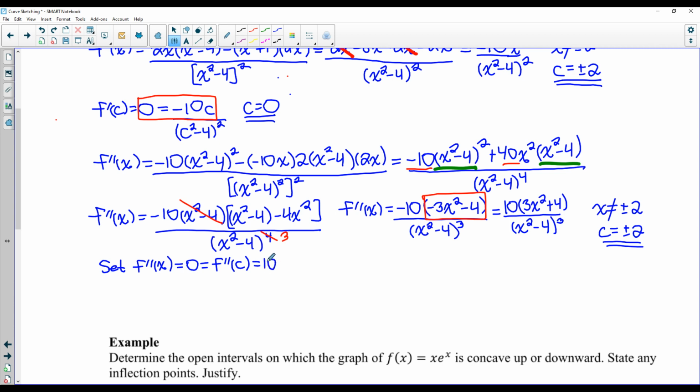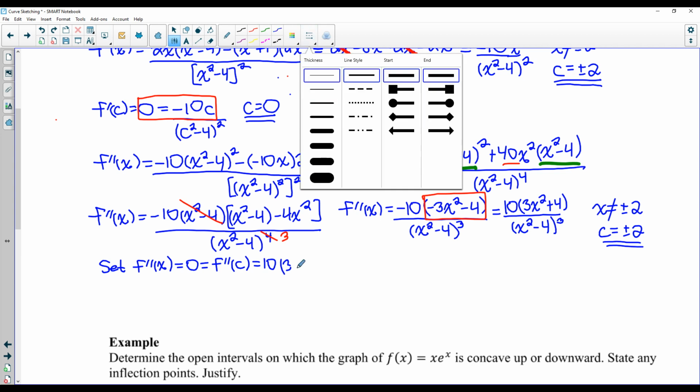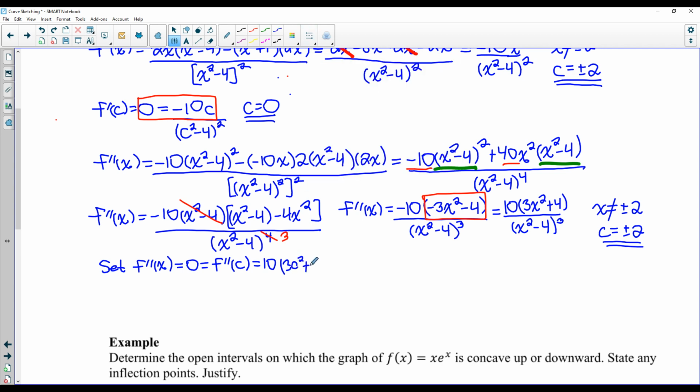So that would be equal to 10 times 3c squared plus 4 over c squared minus 4 all to the power of 3.